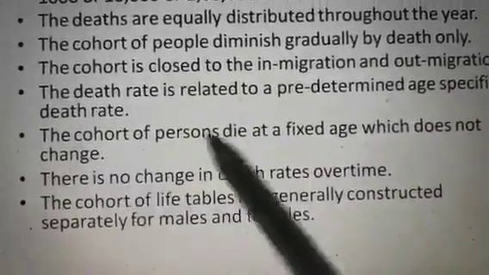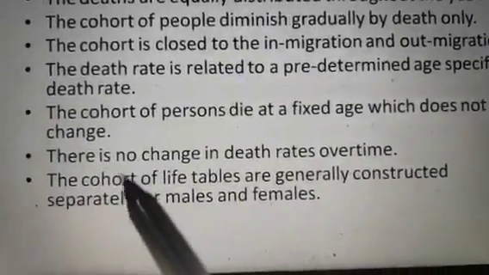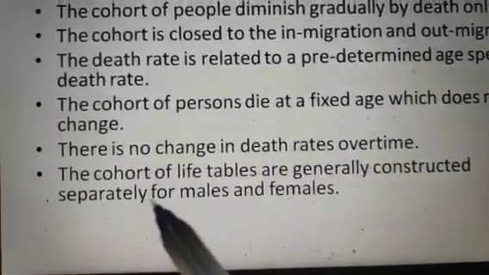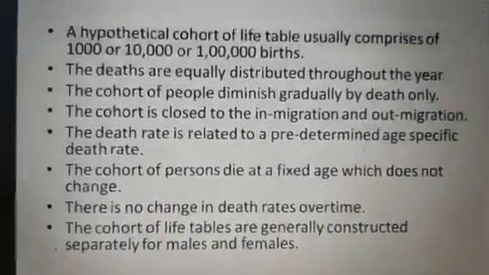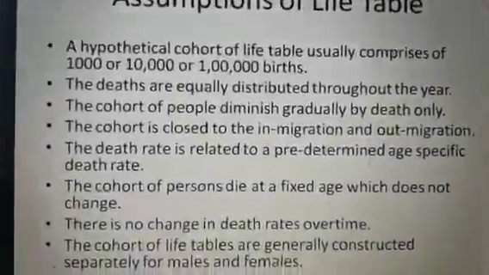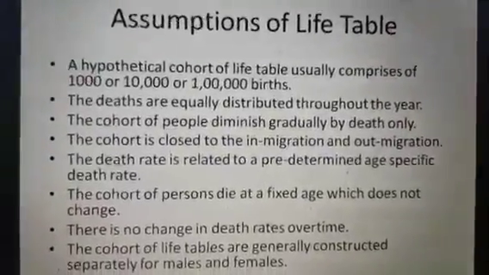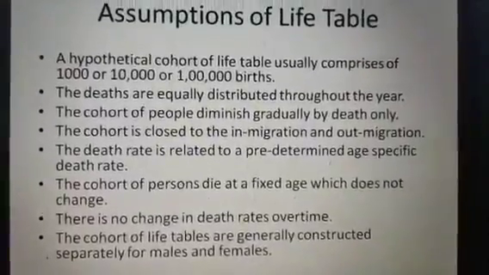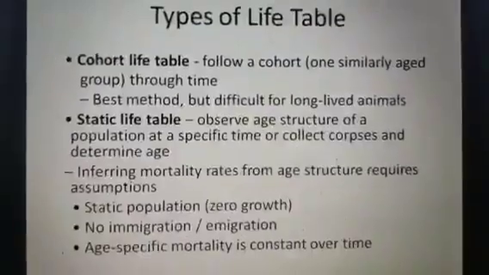The cohort of persons dies at a fixed age which does not change. There is no change in death rates over time. And lastly, life tables are generally constructed separately for males and females. So while preparing the life table, we have to apply all these assumptions, and we can make different life tables for male and female separately.